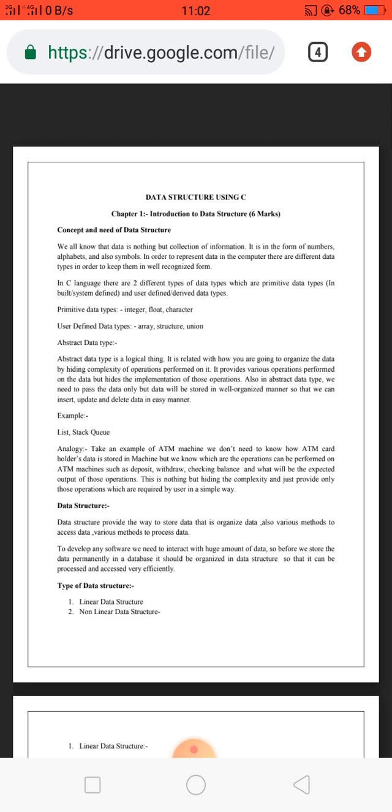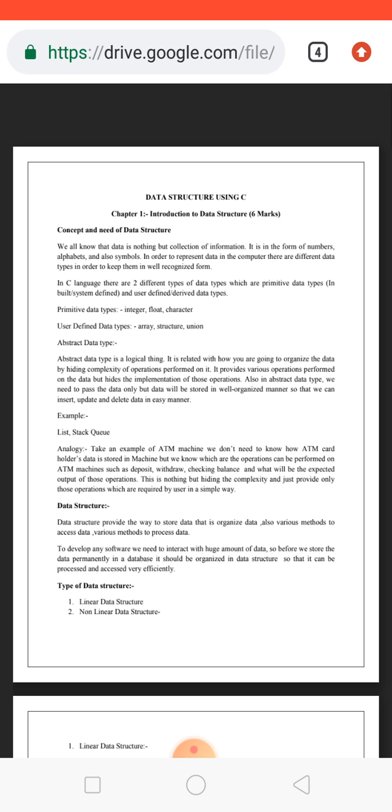How can we store and access those data in our program? By using those data structures, we can access those data before we store them in a database.